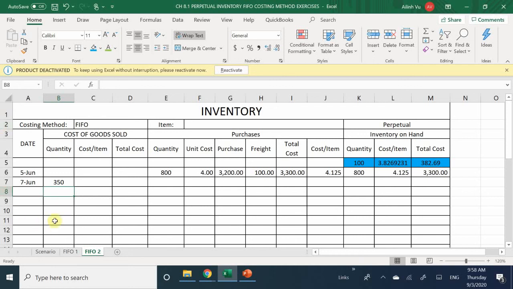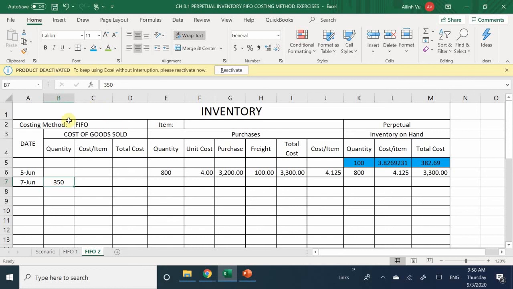I'm following the step that she previously showed, the first practice. Okay, so you need to take 100 first, and then for the next purchase, correct? We need to split this cost because you're getting rid of your inventory, so you have 100 left on hand.